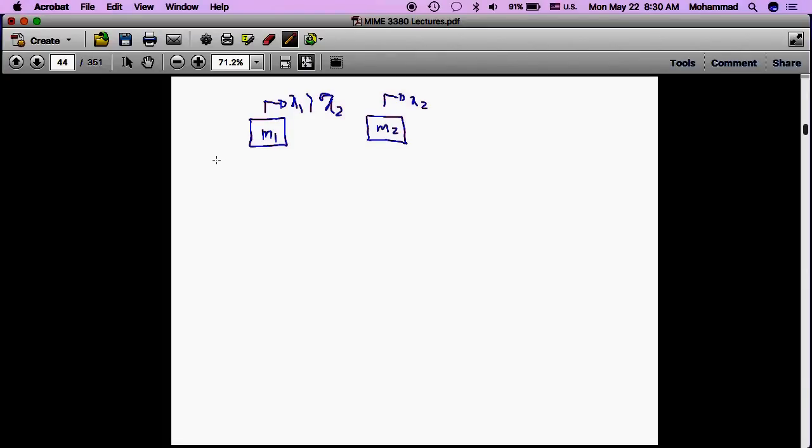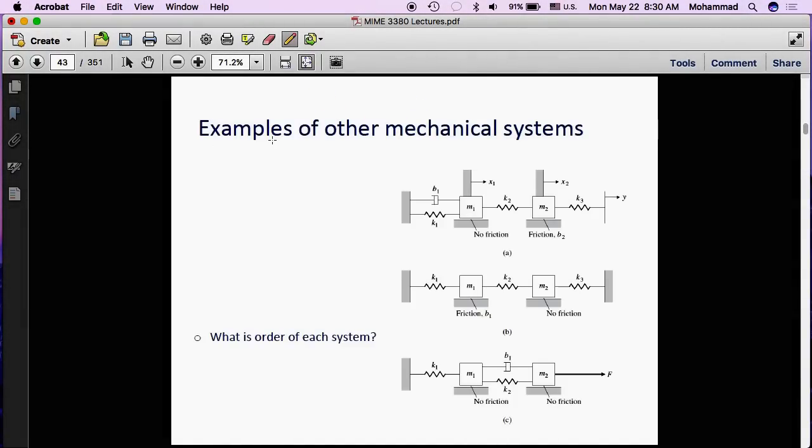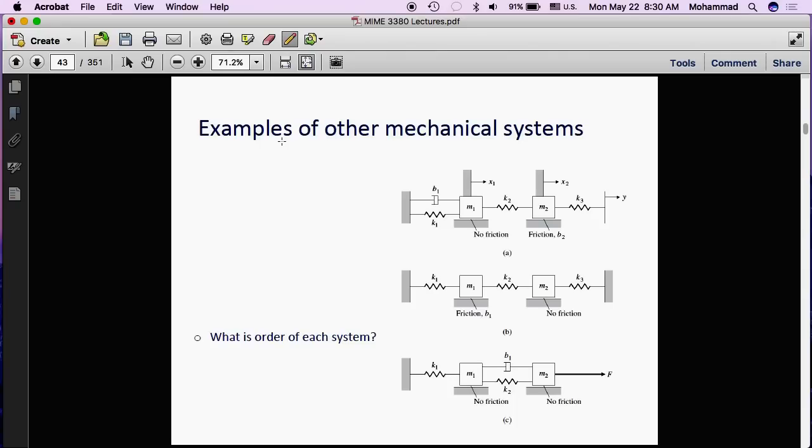Okay, so to mass 1, we have the spring attached. So if the mass moves to the right, the spring force would be opposing the motion. So we have one force for the spring, another one for the damper. Now let's look at the system one more time. What would be the force of the first spring?